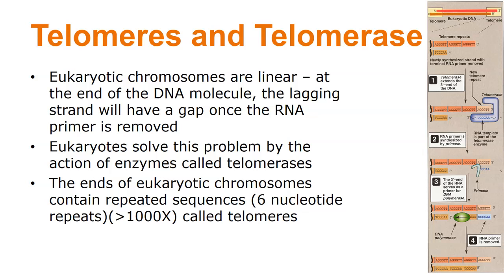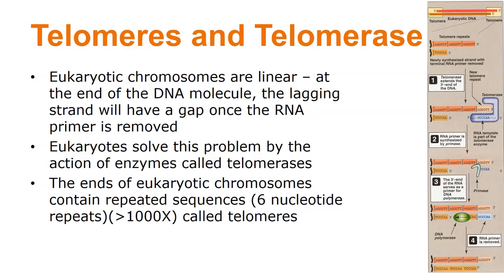When you get to the end of the DNA molecule and you remove that RNA primer, you want to synthesize DNA, but there's nothing to add on to when you get to the end. So the ends of eukaryotic chromosomes always have a single-stranded piece of DNA hanging over.